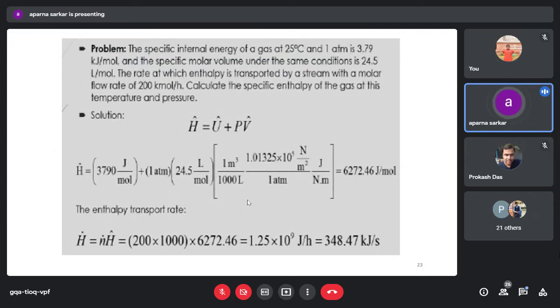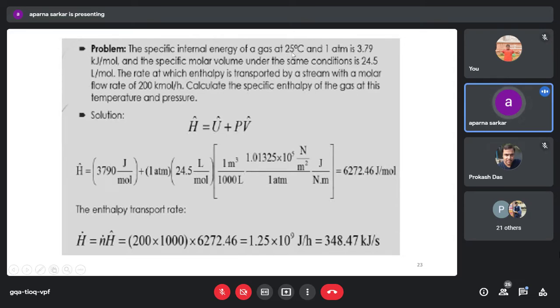Now we have one numerical that is only theory based. The specific internal energy of a gas at 25 degrees centigrade and 1 atm is 3.79 kilojoule per mole. Specific internal energy means the U bar, and that value is 3.79.